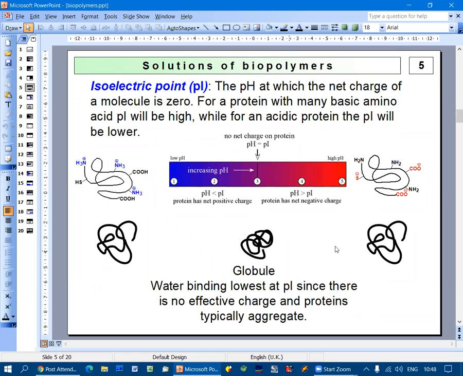Of course, the addition of any charge, positive or negative, will increase the absorption of water, and molecules with the same charge will repulse. So the stability of protein solutions will increase while pH is increasing or decreasing with respect to the isoelectric point.